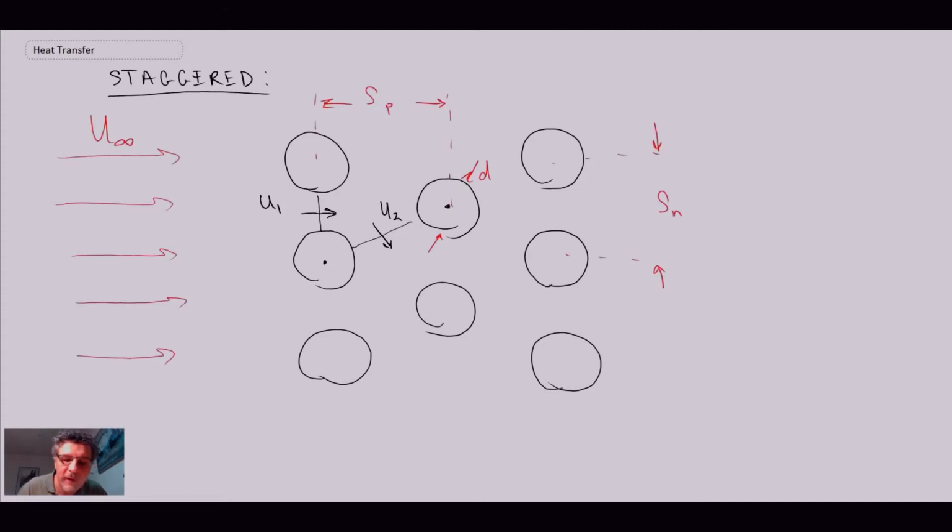And one of those two is the one that would give us the maximum velocity. And what we're going to do, we're going to again use geometry and continuity and come up with an expression for U1 and U2, and whichever one is larger, that would be Umax that we would use in our Reynolds number. So what we want to find is which is greater, U1 or U2.